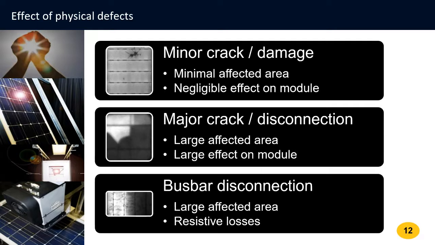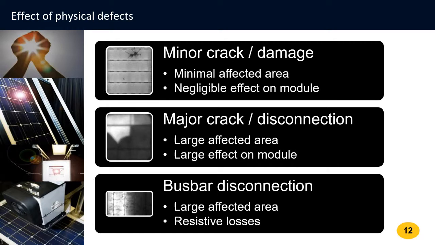There was a recent paper in PIP with the title Impact on Interconnection Failure on Photovoltaic Module Performance by Colvin et al. Specifically they speak about disconnection of busbars and the net effect on the module, and even on the scale of a plant and what sort of losses you can expect.